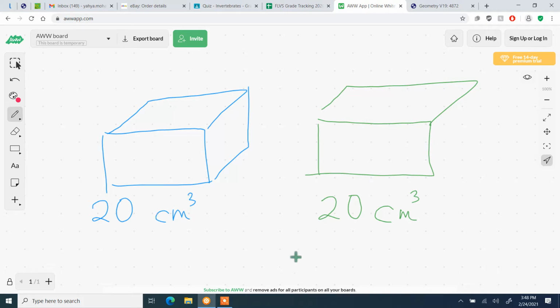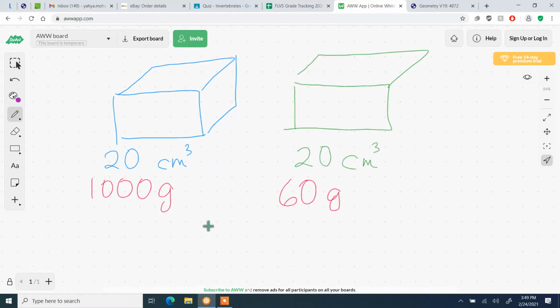So this one over here, let's say it has a mass of 1,000 grams. But this one over here is very light. It has the same amount of space, but this one is very light. Let's say it has only 60 grams. You can see that in the same amount of space, this one on the left has a lot more stuff packed into this 20 cubic centimeters than this one does. This one only has 60 grams worth of stuff packed into 20 centimeters cubed.